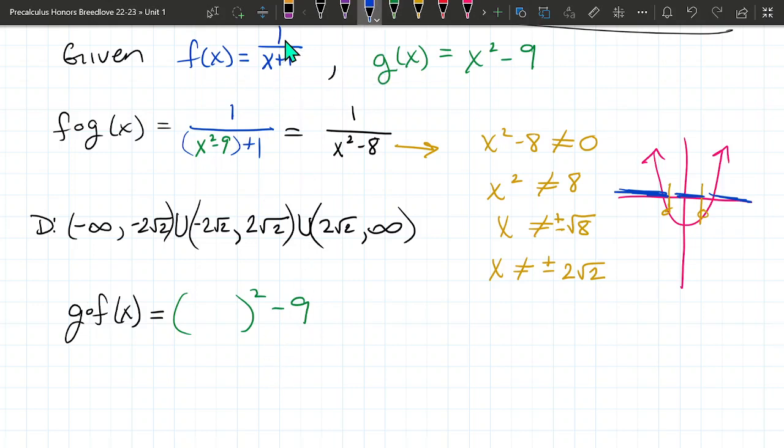Put in the f function, 1 over x plus 1. And then simplify if we can. But you can't really, so we're just going to rewrite it. So we square this, then we end up with 1 in the numerator, and then x plus 1 in the denominator, minus 9.